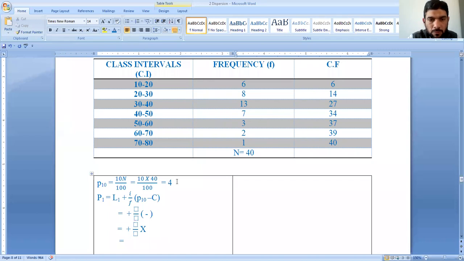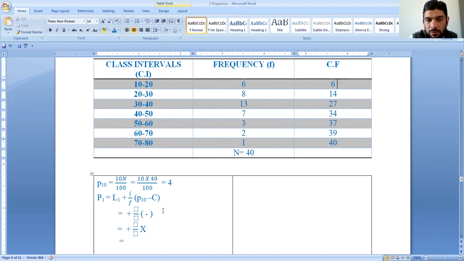Now P10 is equal to 4. Now we have to find out where this 4 lies in this CF. In this CF, that 4 will lie in this 6, and the preceding class interval does not have any frequency as there is no class interval.